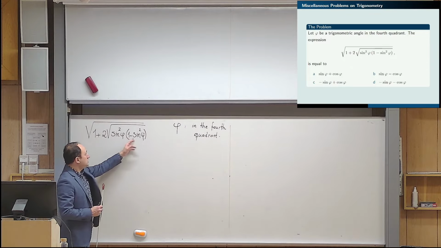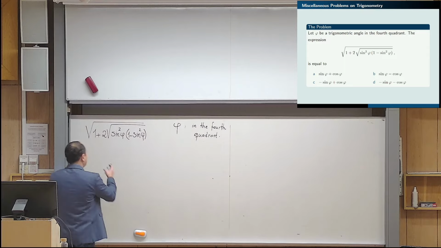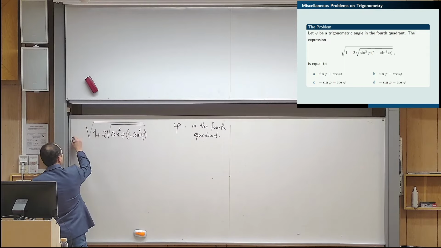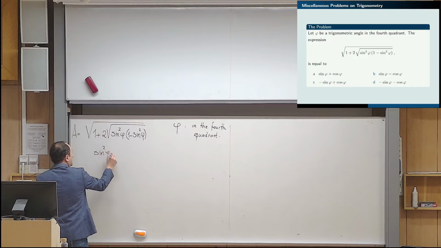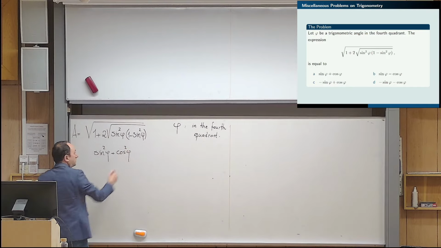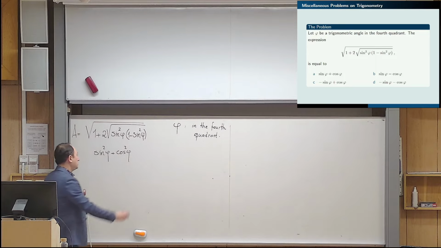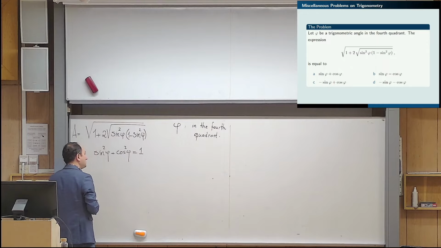So here, this is a famous combination in trigonometry, yes? Let me call this expression capital A, so that I can refer to it simply. Sine phi squared plus cosine phi squared, regardless of the value of this angle phi, is a very famous trigonometric identity, which is 1.